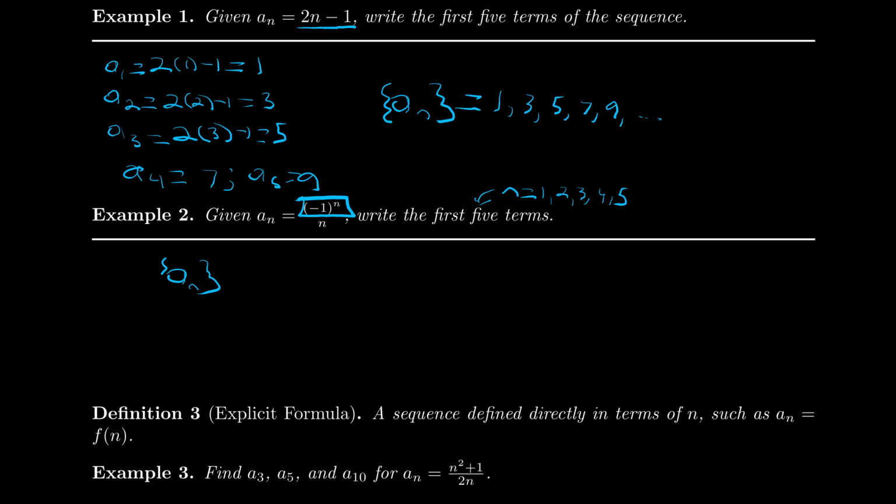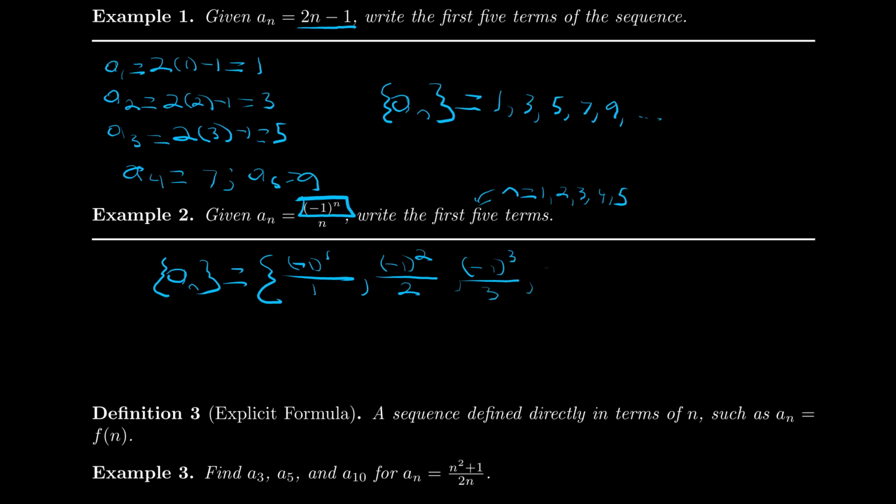Watch this. A sub n is the set containing negative 1 to the 1 over 1. Then the next term is negative 1 to the second power over 2. The next term is negative 1 to the third power over 3.